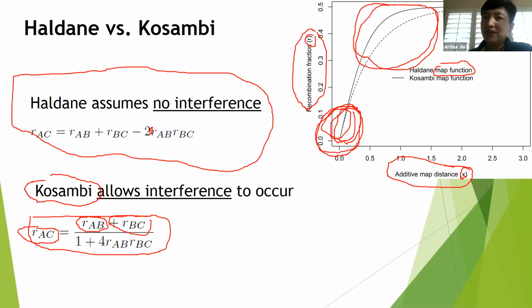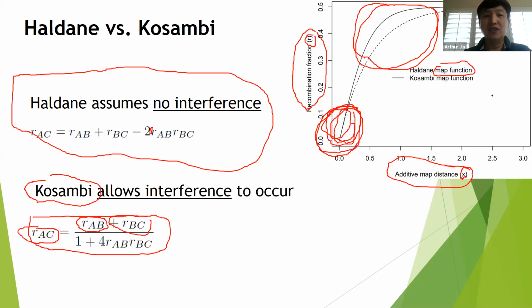However, if this region is extremely large, we can think of any regions within this big region as independent. So even if you have the first crossing over in some place, it will not affect having another crossing over in another region. This is why these two map functions are identical at these two extremes. They are close to each other, right?